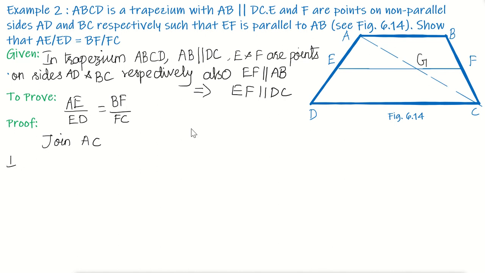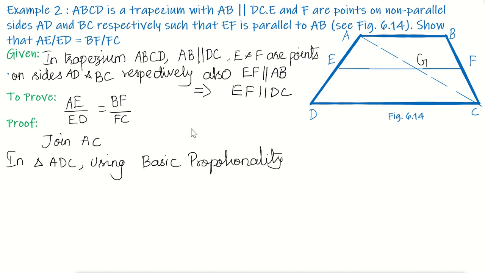Now in triangle ADC, using basic proportionality theorem, வேணா quote பண்ணிக்கலாம். Basic proportionality theorem name mention பண்ணலாம். If not, அந்த statement கூட quote பண்ணிக்கலாம். Okay, after this in triangle ADC ல என்னவா இருக்கு?